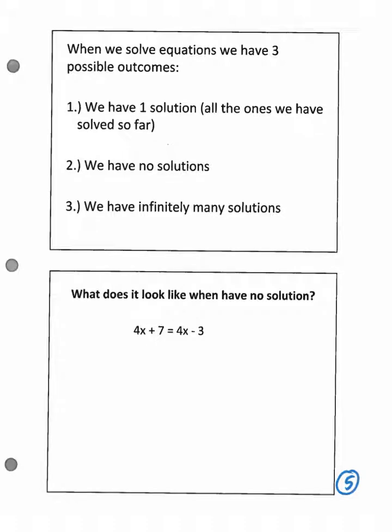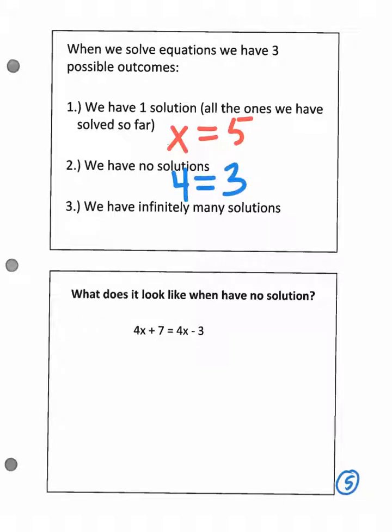On the next page of the packet, we see that there are 3 possible outcomes. We can have one solution. One solution is when we get a final answer that looks like this, x equals 5. That's just one answer for x. We would have no solutions if we get an answer like we did on the last page with the unbalanced scale, like 4 equals 3.